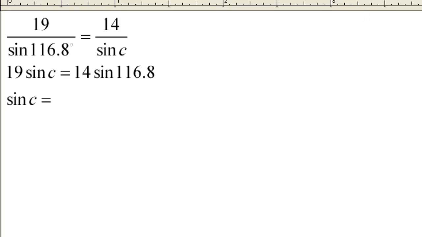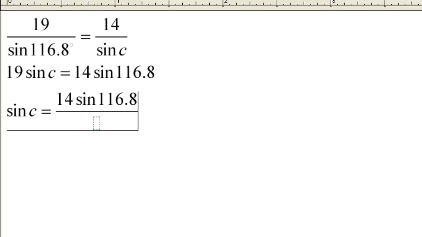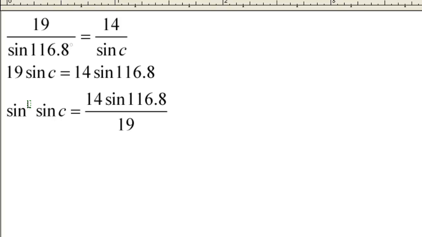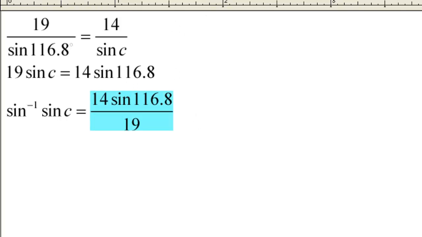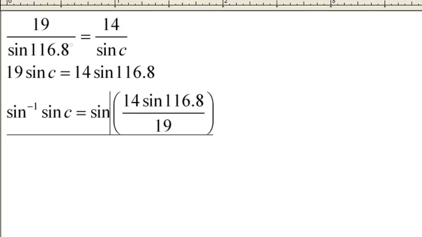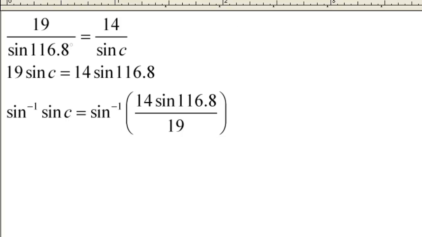I'm going to leave out the degree symbol just for now for the sake of time. Sine of C is going to equal 14 sine of 116.8 all over 19. And again, in order to get rid of the sine, I have to take its inverse. And if I take the inverse on one side, then that means I have to take the inverse on the other.